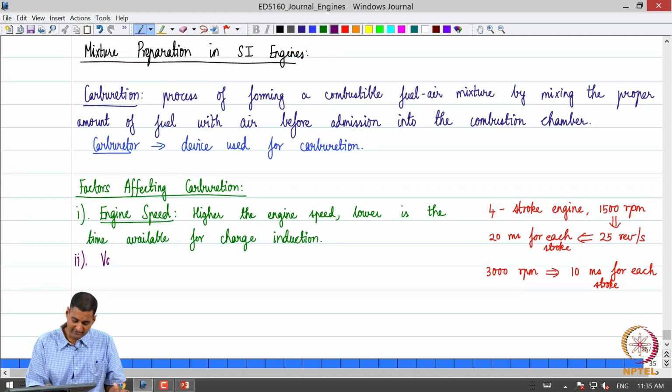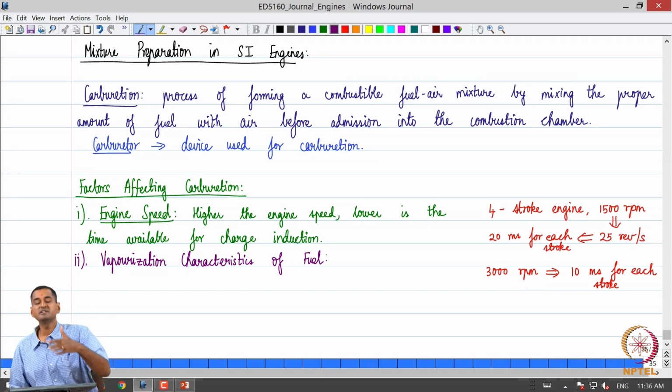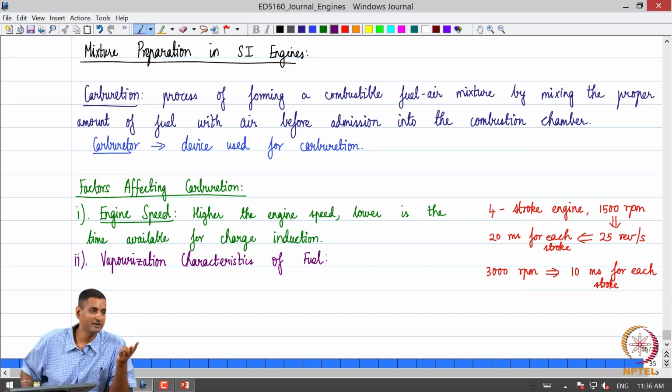The next factor which is also important is the vaporization characteristics of the fuel. Please note that if I want to prepare a combustible and homogeneous fuel air mixture in a spark ignition engine, we have already discussed that there are attributes which are important for any combustion process. For combustion we need hydrocarbon, that is fuel, we need oxygen in the correct proportion, and we need a mechanism for initiating the combustion.